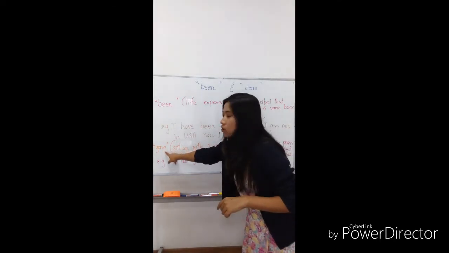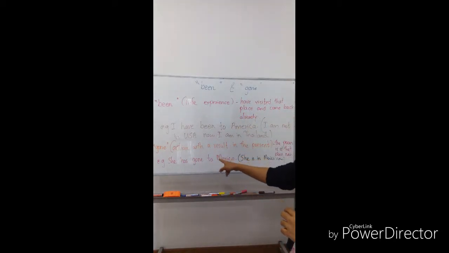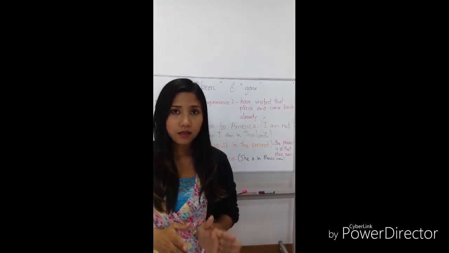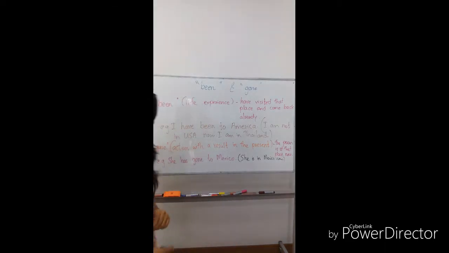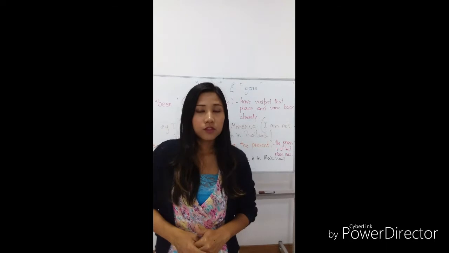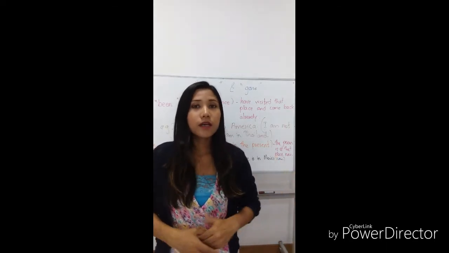And next one, when you use gone, you talk about the action with a result in the present. It means the person is at that place now. For example, she has gone to Mexico. It means she is in Mexico now. She left already. Now she is in Mexico.